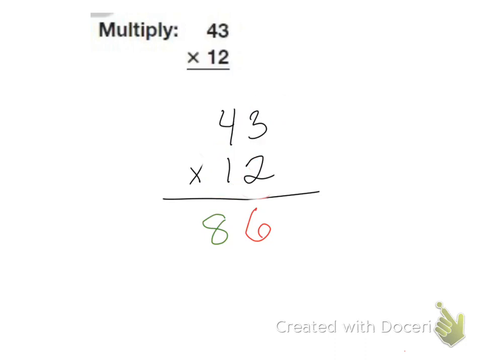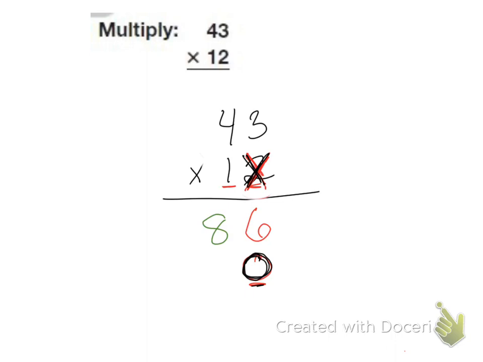So when I finish multiplying by my ones place value, I'm going to cross it off to show I'm done, and then I add a 0 down to the bottom. Because I'm multiplying by 10, and I know when I multiply by 10, my answer always ends in 0. Okay, so I like to call this give me an X, give me an O. And it just helps me remember to put this 0 in to hold the place value.